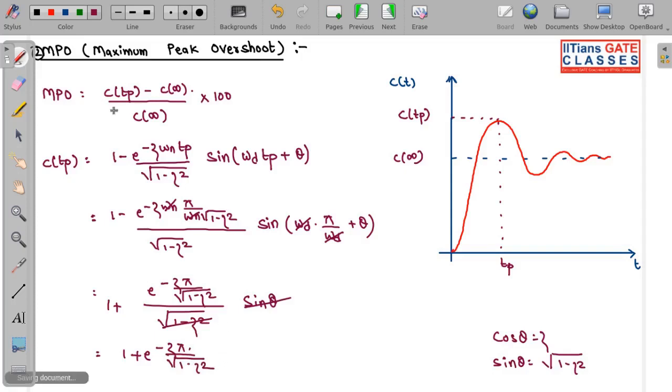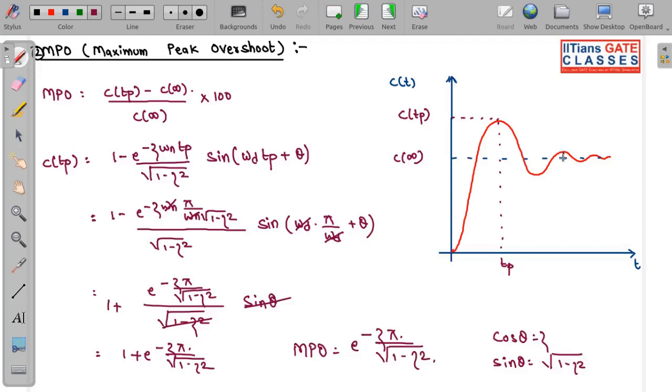So now if you calculate maximum peak overshoot, that will come out to be e to the power minus zeta pi divided by under root of 1 minus zeta square. This is the formula for your maximum peak overshoot.